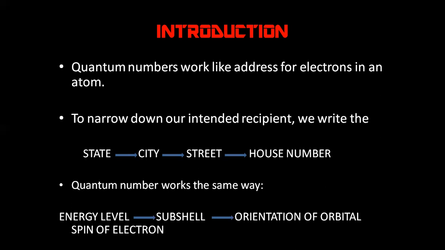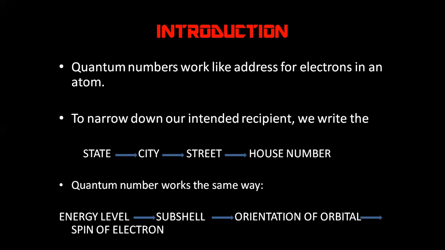Each one of them specifies something: one specifies the energy level, another the subshell, another the orientation of the orbital, and finally the last one specifies the spin of the electron.